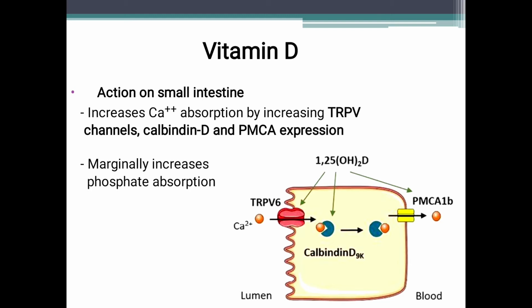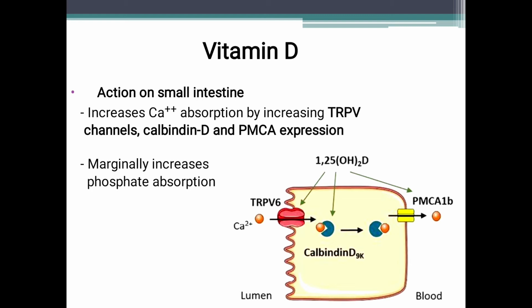They allow the calcium to enter inside the cell. Calbindin D is a calcium binding protein, so it will bind calcium and transport the calcium inside the cell. PMCA, plasma membrane calcium ATPase, is also a calcium transporter.